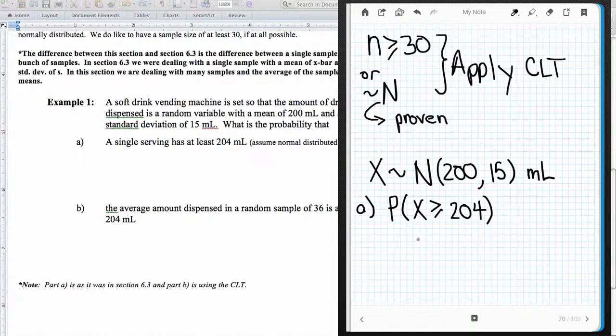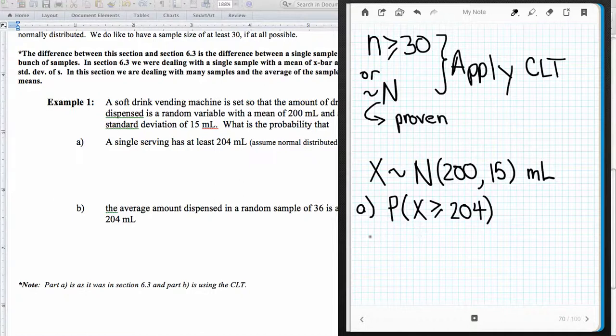So I know it's going to be less than half, but it's fairly close to the mean in terms of the standard deviation. So I know it's a pretty good chance that I'm going to get the 204 or more, but it's not a huge probability. So it's less than half certainly, but it's not up there really close to half.